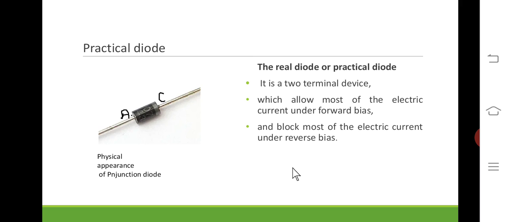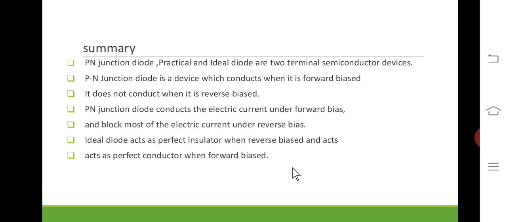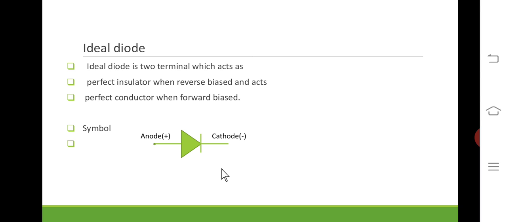Okay, now let us move to the ideal diode. Actually, what do you mean by ideal? Once again, the ideal diode is the same two terminal semiconductor device. The symbol is the same as the PN junction diode.